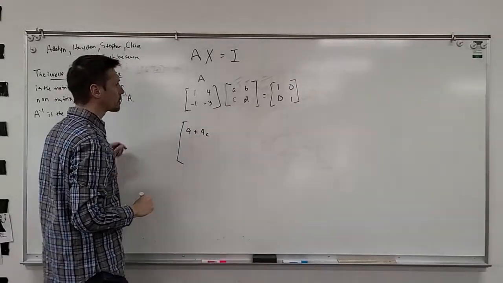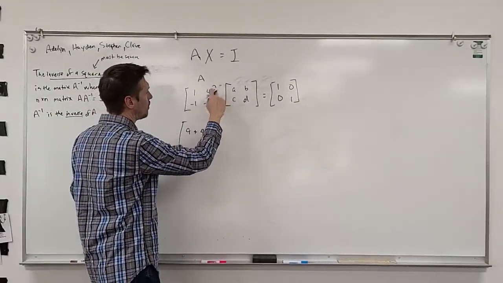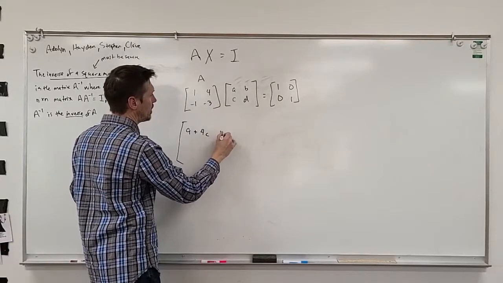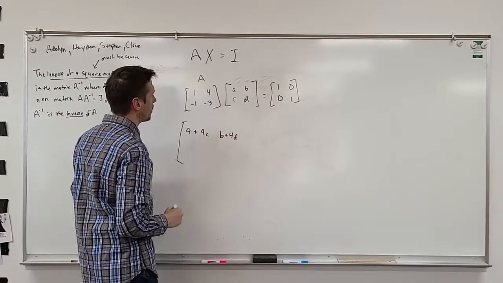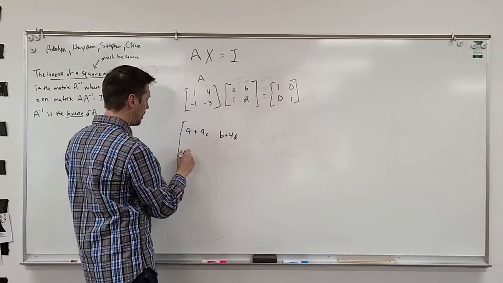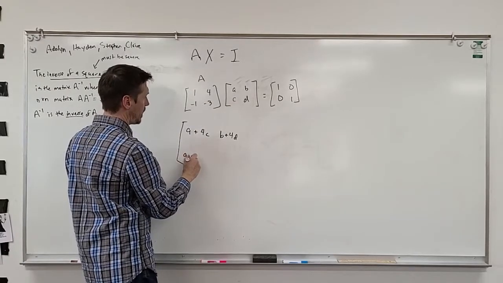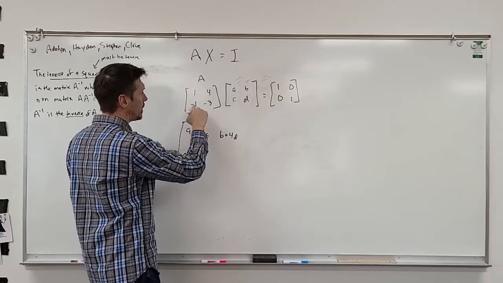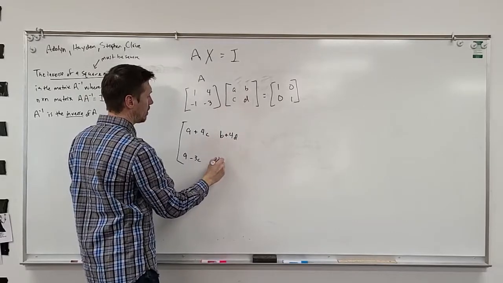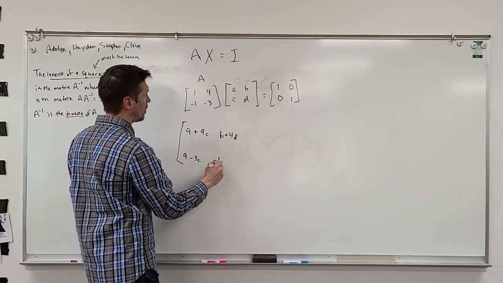And then this one here is 1 times B is B plus 4D. Here I have negative A minus 3C. And here I have negative B minus 3D.